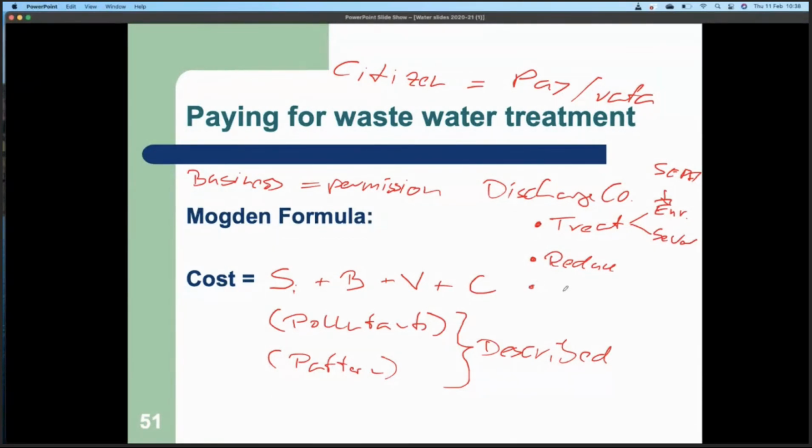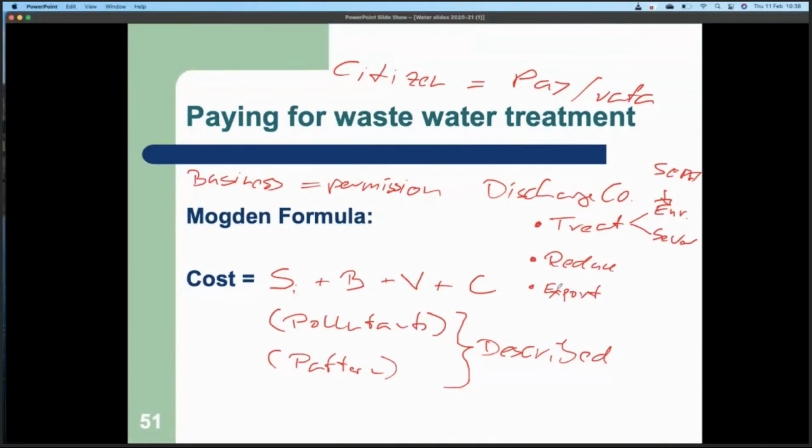Another thing that you could do also is, in theory, export. So you could say, okay, my waste is so rich and so toxic or whatever that the local sewage works can't deal with it.